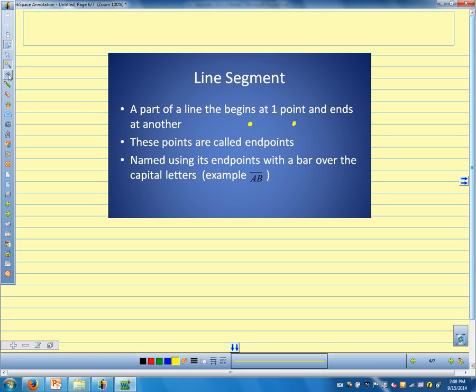The points at the end of our segment, so this would be in your important facts and characteristics, the points at the end of your segment are the endpoints. This would be your picture of your segment or line segment. Two points at the end, calling one point A and one point B. Those are the endpoints because they're at the end of the segment.